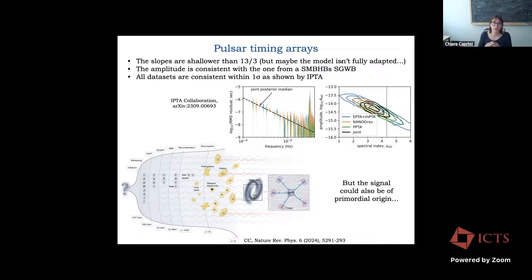Okay, I will not be specific to the case of pulsar timing arrays. I will start with a broad overview of signals from the early universe.